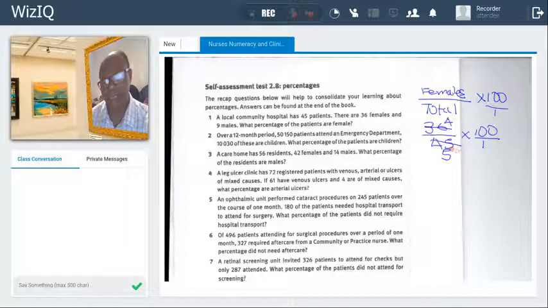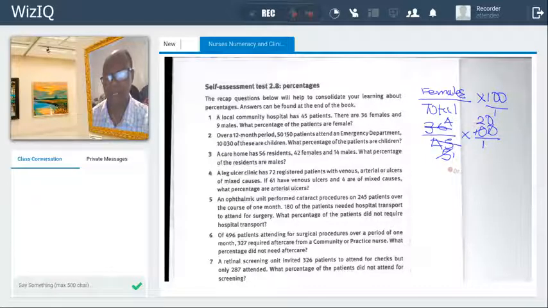Then I can see that the 5 can go in here and also in there without a remainder. So 5 into 5 is 1, and 5 into 100 is 20.